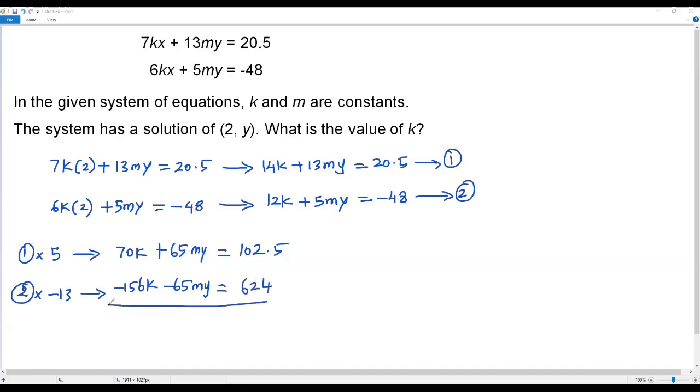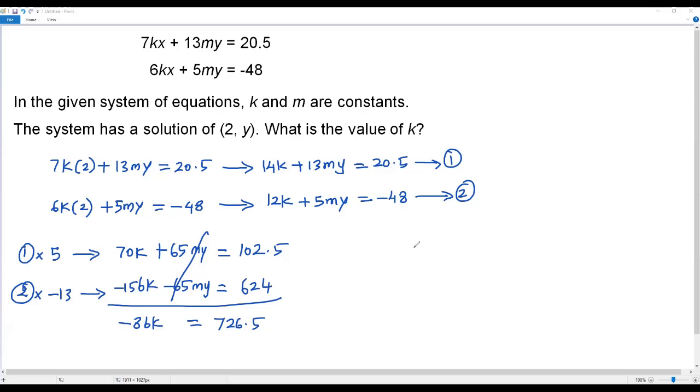Now let's simplify. The positive 65my and negative 65my cancel out. Combining 70k and negative 156k, I am getting negative 86k. On the right side, combining positive 102.5 and positive 624, I am getting positive 726.5.